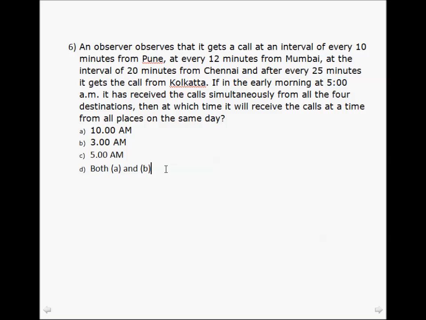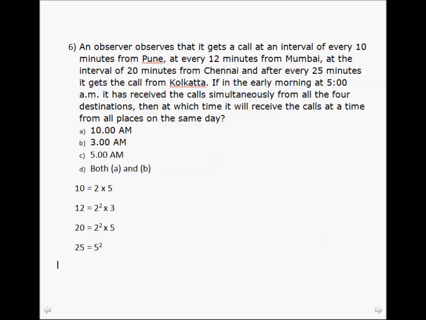So what are we trying to do? We are trying to look at the multiples of all these numbers, and then we will find an LCM. So the numbers are 10, which is written as 2 into 5. The next is 12, which is written as 2 square into 3. The next number is 20, which is 2 square into 5, and the last number is 25, which is written as 5 square.